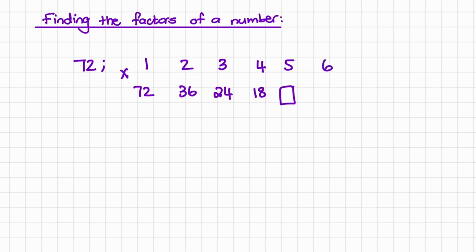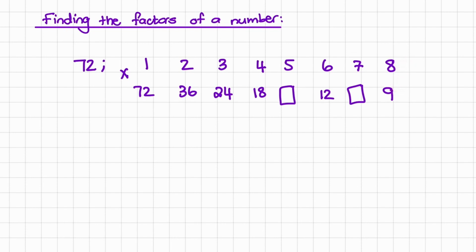Then let's try 6. So 6 multiplied by 12, or I can say 72 divided by 6 is equal to 12. I try 7, and there's no value of 7 that will work. And then 8. So 72 divided by 8 is equal to 9. And then I can stop because there are no more values between 8 and 9 that I can test.